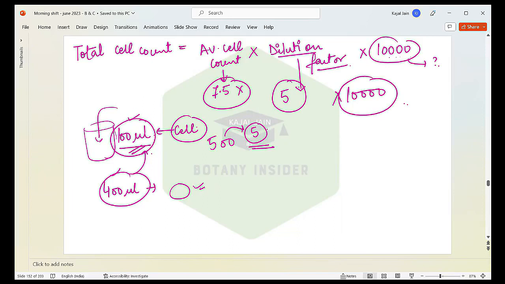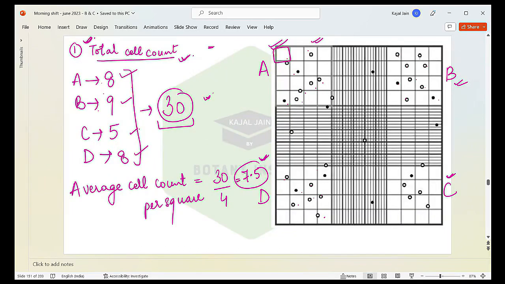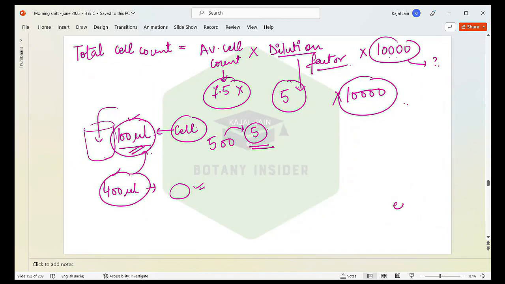Why did I multiply it by 10,000? Because each of these cubes has a volume of 0.1 cubic millimeters as given to you. Every cube has a volume of 0.1, and 1000 cubic millimeters make up 1 ml, right?